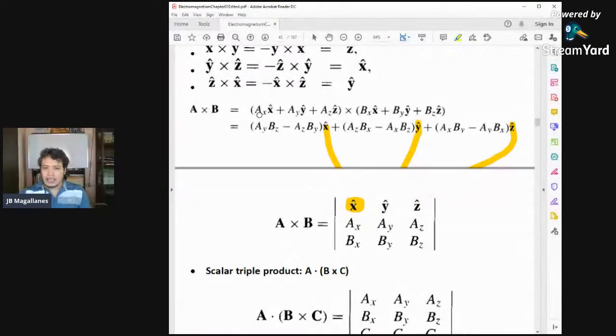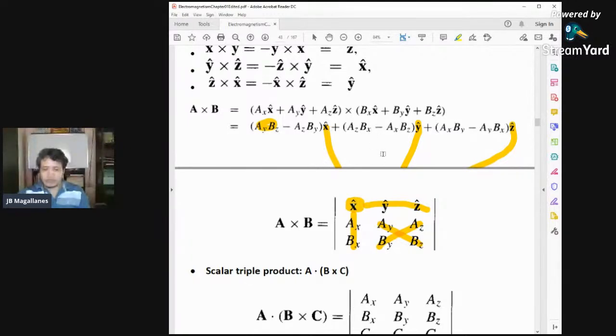And then you cover this, you cover this, and cover that for the X component. And then you only have AYBZ minus AZBY. So that's how you get the first component.